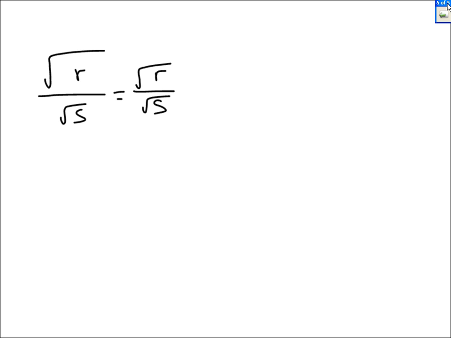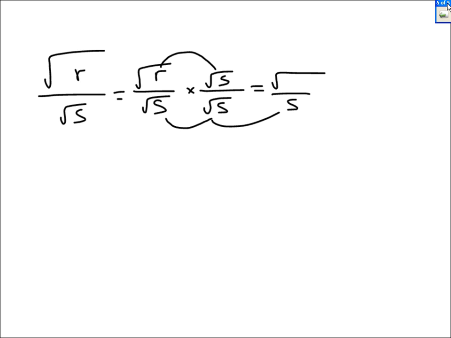So it equals itself times 1. I'm going to put square root of S on the bottom because when I multiply, I just get S. So I have to put square root of S on top. Square root of R times square root of S. The square root of one thing times the square root of another thing is the square root of their product. R times S is RS.